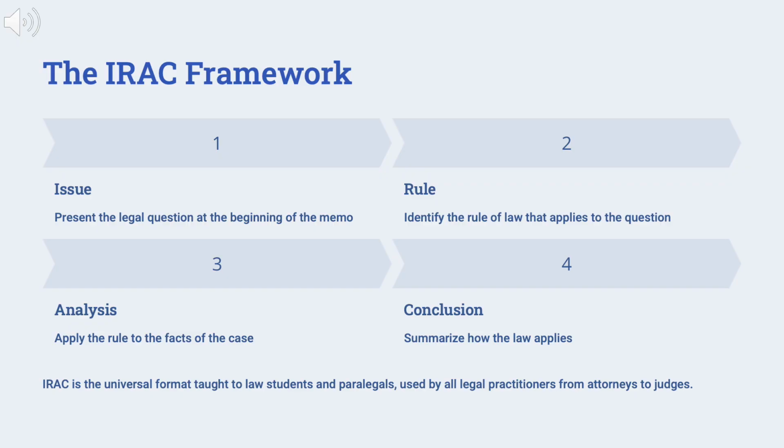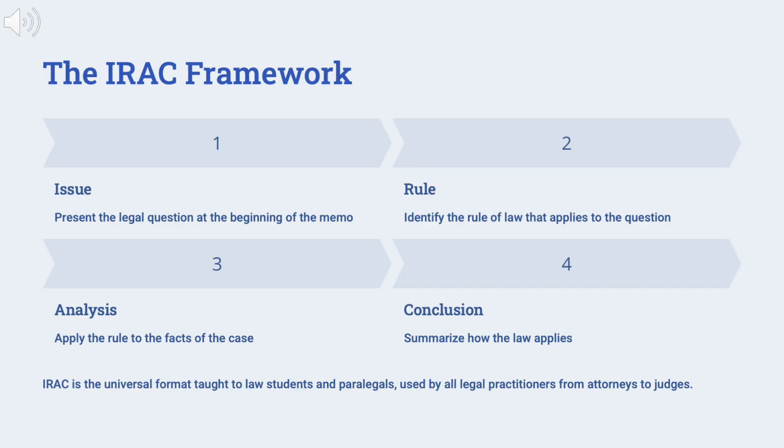The rule is the applicable rule of law: the statute, constitutional provision, regulation, or common law principle that governs the legal question. Identifying the correct rule is the foundational step of legal analysis. The entire analytical structure depends on it. The analysis is the application of the rule to the facts of the client's case.